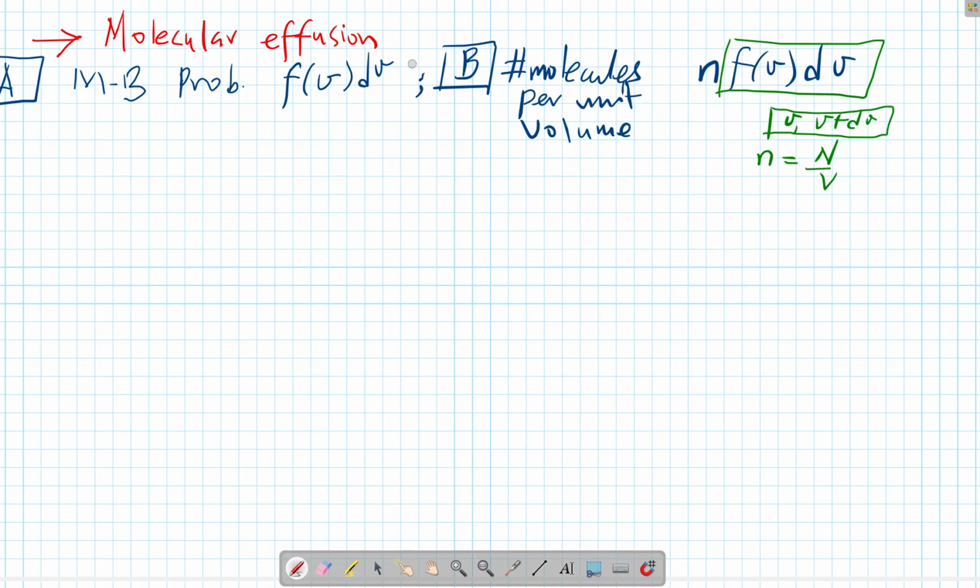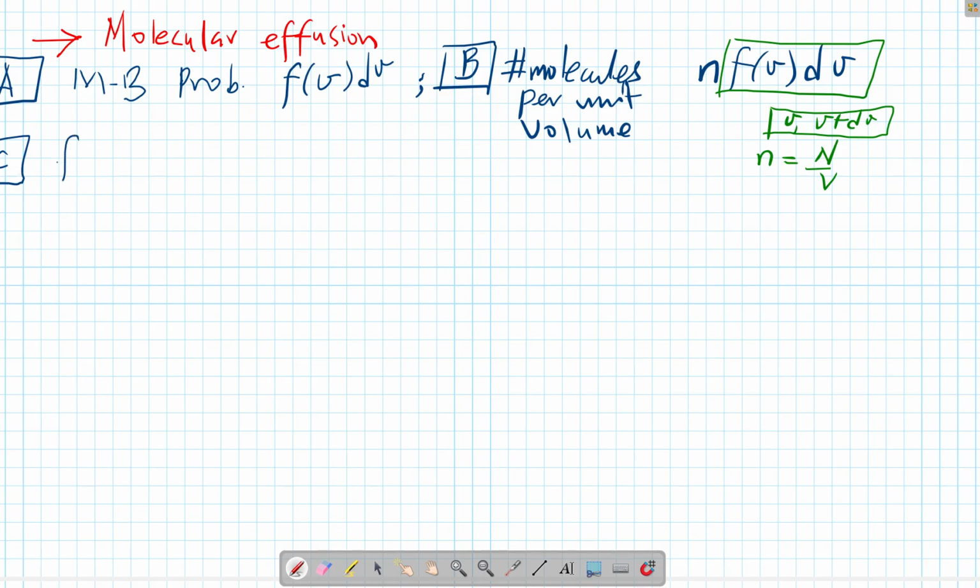Right. And the next point we have addressed was called point C. Still we want the fraction of molecules moving within an angular range.